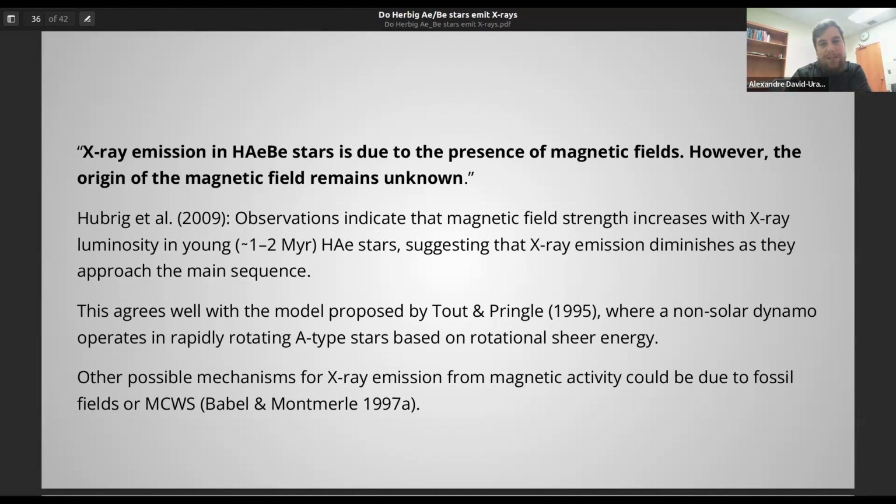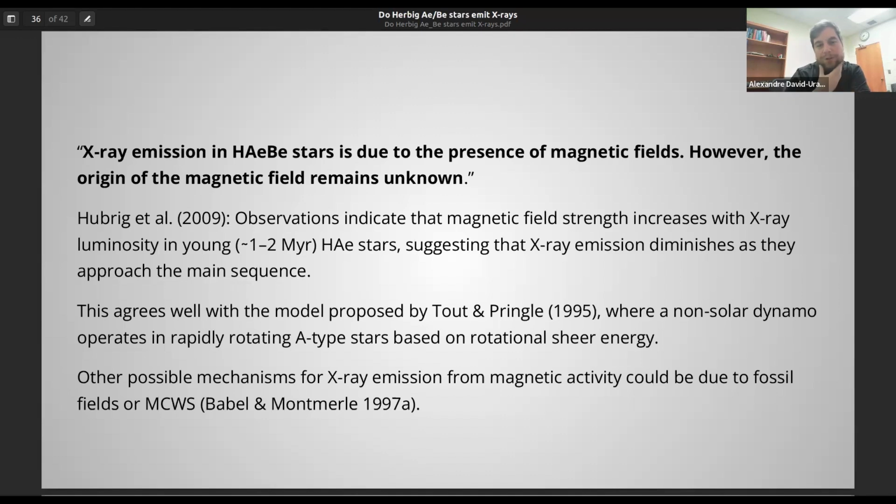I wonder if Herbig Ae stars might undergo similar changes, which could explain why some show characteristics more consistent with coronal X-ray emission, and some something closer to magnetically confined wind shocks. So I was wondering if you'd seen any correlations with how close to the main sequence the star is, and if you'd inspected the X-ray light curves, because you would expect different behaviors.